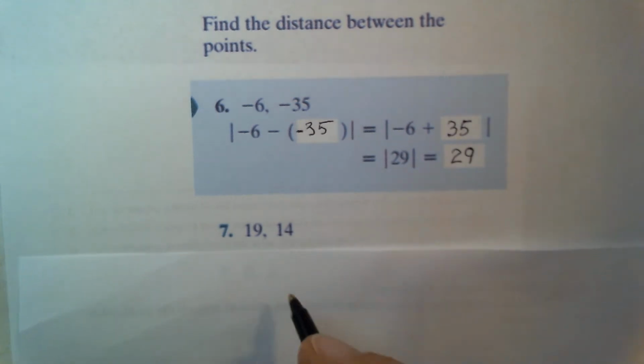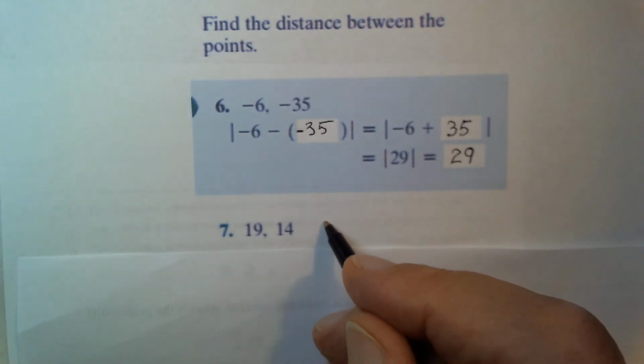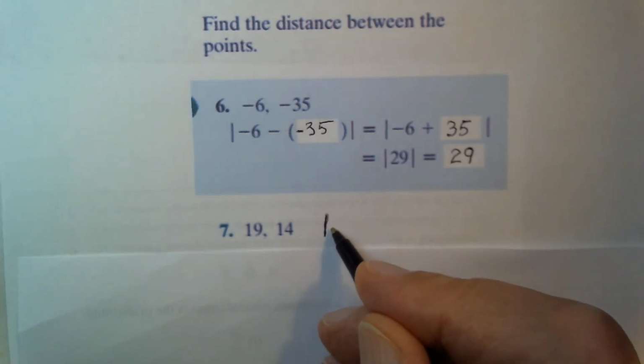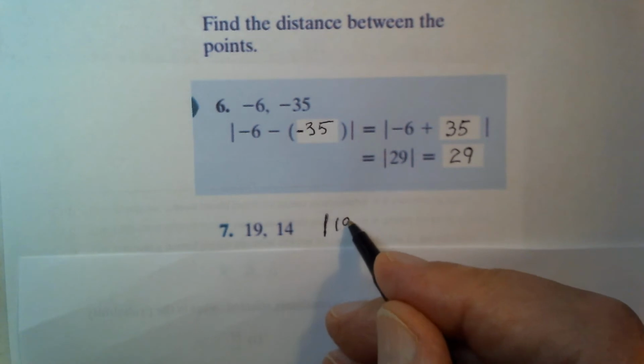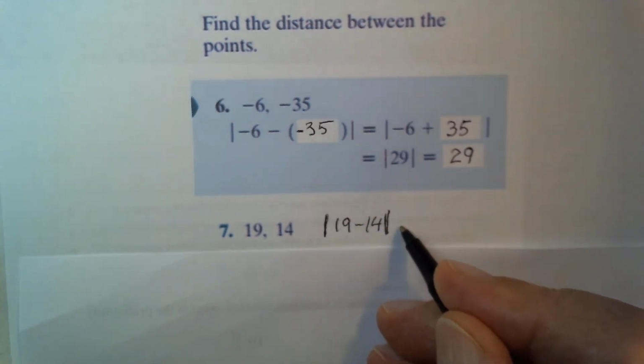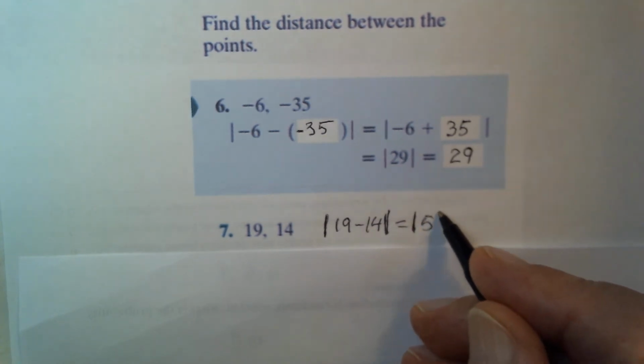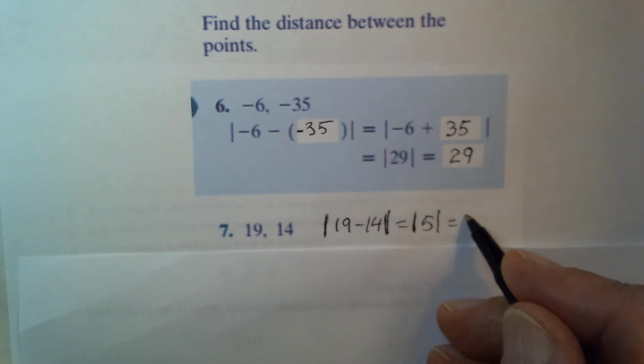So to compute the distance between 19 and 14, we simply write this as the absolute value of 19 minus 14, which would be the absolute value of 5. And the absolute value of 5, of course, is 5.